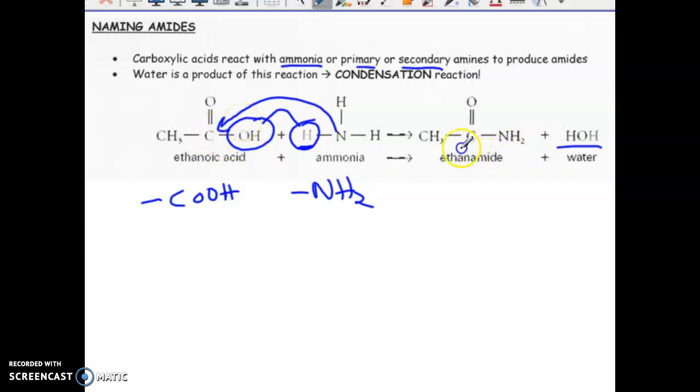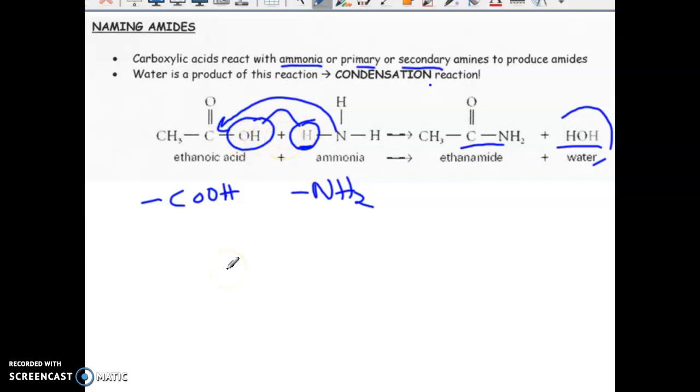That's why you end up having the nitrogen right beside the C double bond O. This can be called a whole bunch of different reactions. Sometimes you'll see this called a condensation reaction, a dehydration reaction. They mean the same thing. Essentially, you're producing water. You're removing a water from the OH and H here.